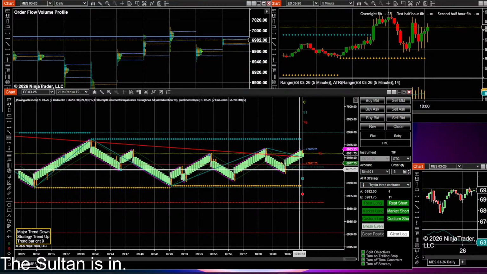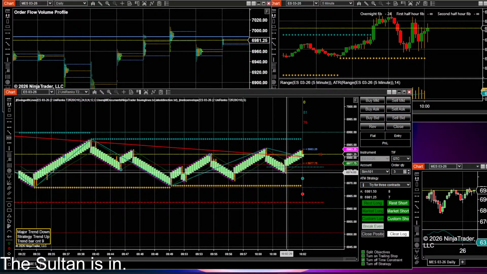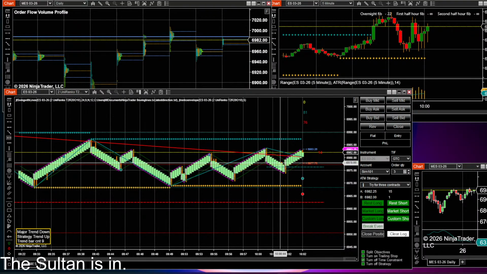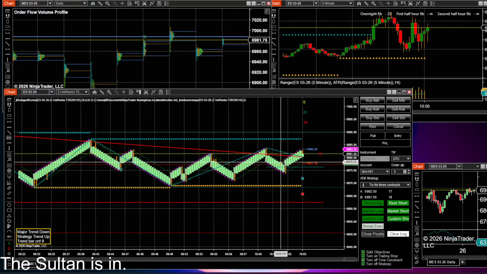So depending on which time frame you're on, this is just a big pullback, like this little candle here. It's all relative to what time frame you're actually looking at.